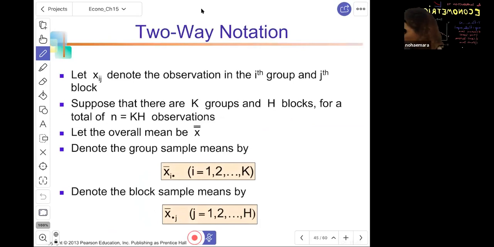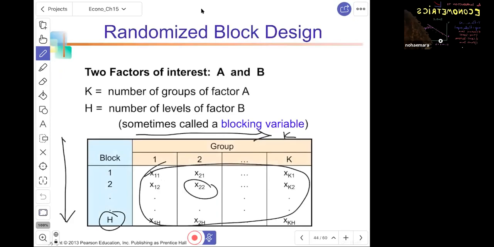Xij denotes the observation of the ith group, jth block. So this is group 2, block 2, group K, block 2, and of course the last one is group K and the very last block H.